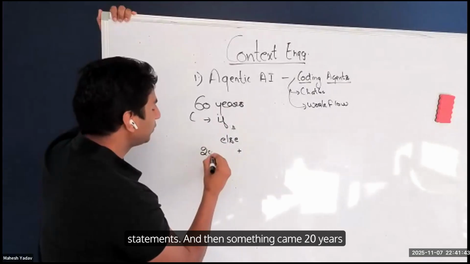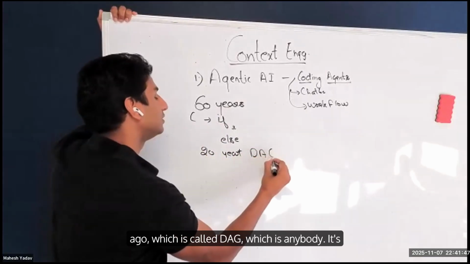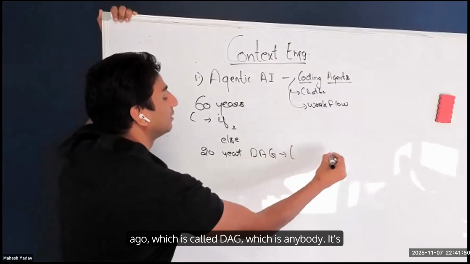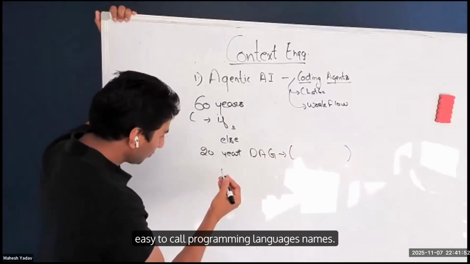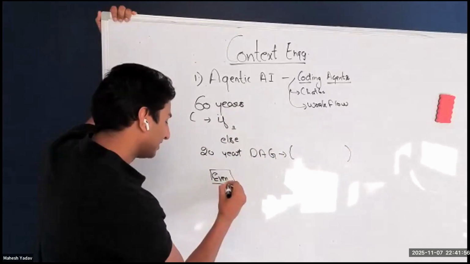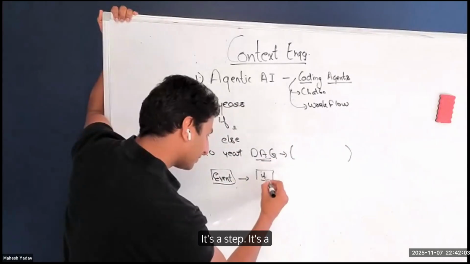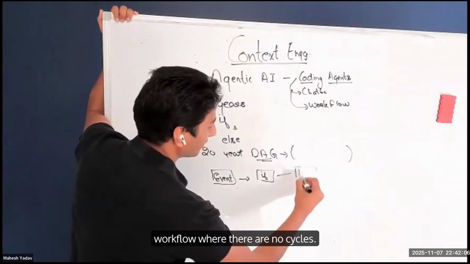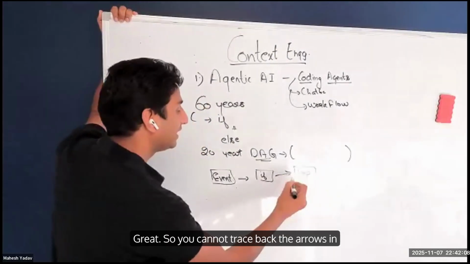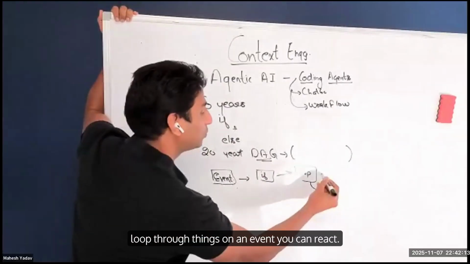And then something came 20 years ago, which is called a DAG, a directed acyclic graph. What does that mean? It's a workflow where there are no cycles, so you cannot trace the graph back along the arrows. You can only go forward. You can loop through things.